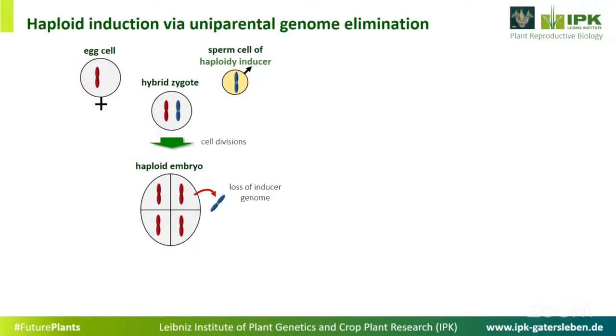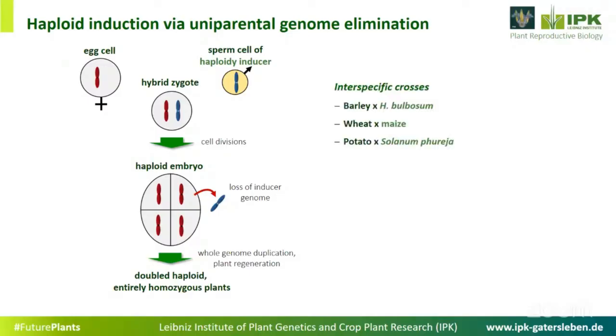There are different mechanisms where, roughly speaking, the management of the two genomes does not correspond very well with each other, so that one genome accidentally gets lost. But of course, we have the benefit of producing haploid cells or haploid plants by that, because if only one genome is left, we get a haploid plant. And again, we have to make sure that whole genome duplication is undergone, and then we will have double haploid plants.